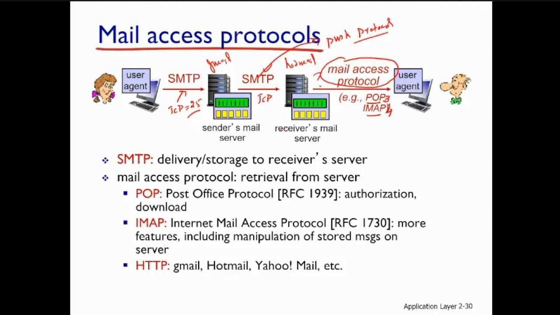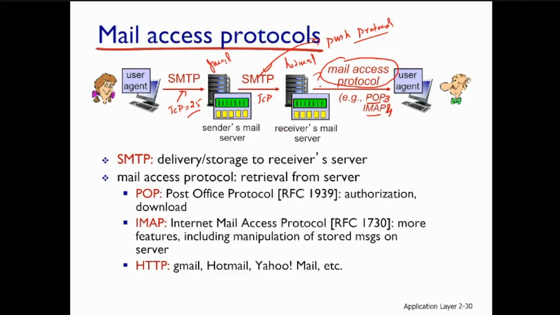simple HTTP, right? We know that nowadays Gmail, Hotmail, Yahoo, and all the email services also provide HTTP-based access. Because HTTP is a pull protocol, we can get the email using HTTP as well.